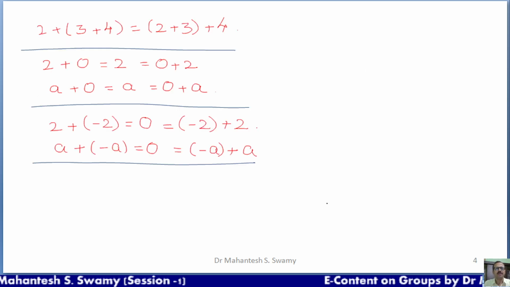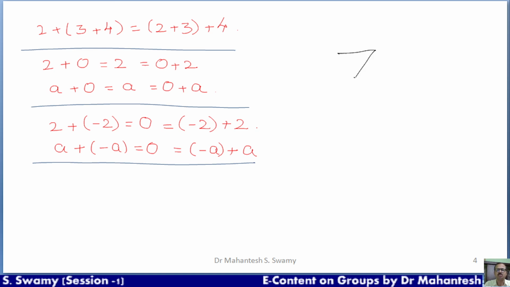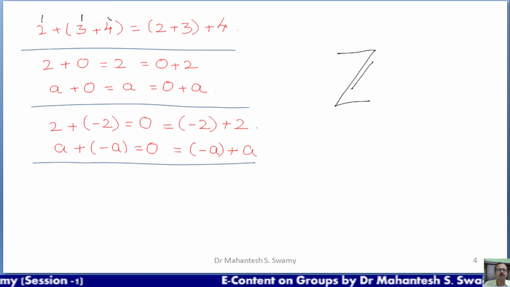So next, you please observe another important property with respect to the same binary operation on the set, not necessarily the set of natural numbers, we can say the set of integers. So here we are considering the set of integers as the given set. Now you take the elements like 2, 3, 4.